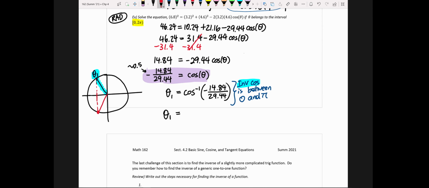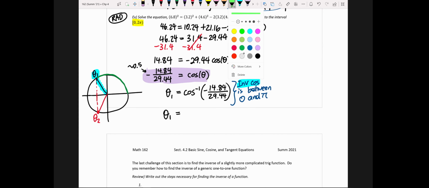So let me open it up to the class. How can we find theta 2? So theta 1 is this green distance here. Given this green distance, how can we find theta 2? Any suggestions?